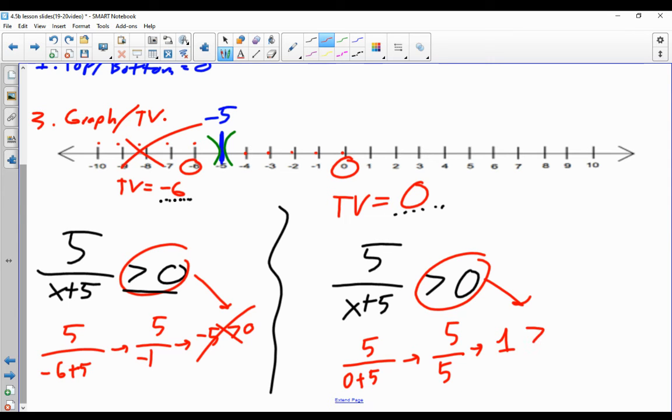And 1, is that greater than or equal to 0? It is not. Oh, no, we'll scratch that. I lied. 1, is it greater than 0? 1, of course, is bigger than 0, so that is a true statement. So this interval we can shade as our correct answer.